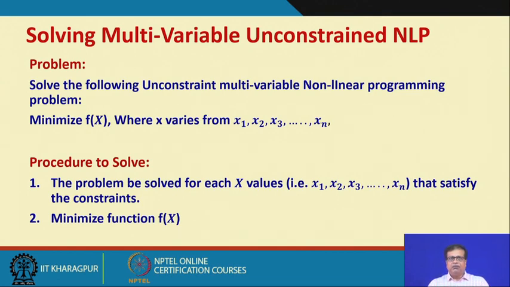So, if they are multivariable unconstrained problems, now we have come to the next stage, that is how do we solve this multivariate unconstrained problem. Essentially, we have to minimize or maximize f(x), where x varies from x1, x2, x3 to xn, and the problem is to be solved for each x value that satisfies the constraints, and we have to minimize the function.